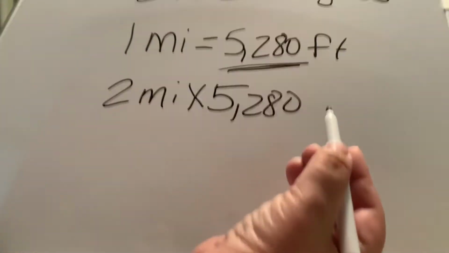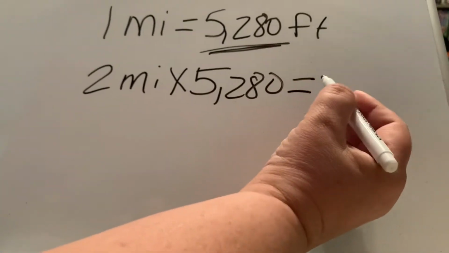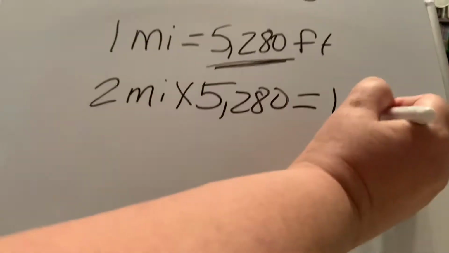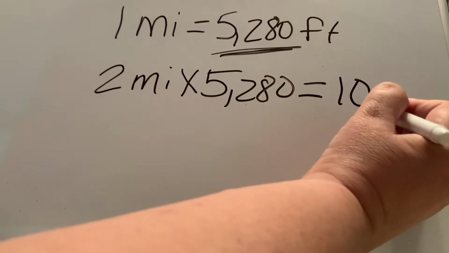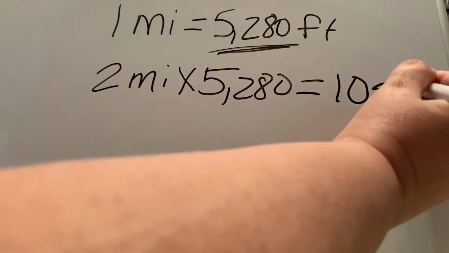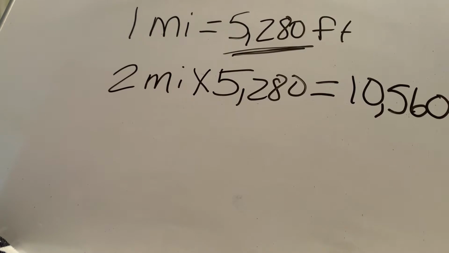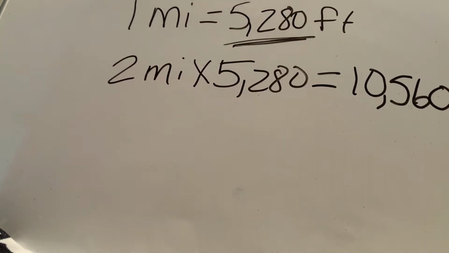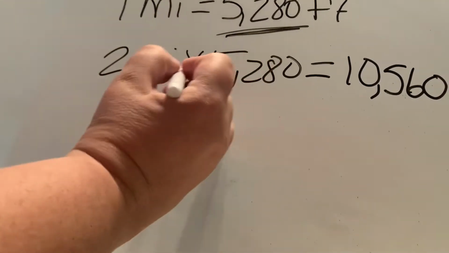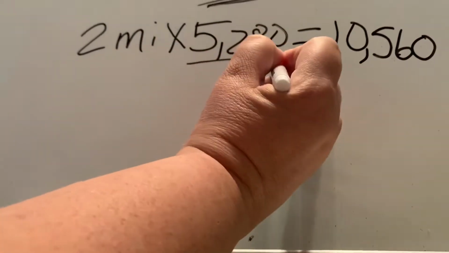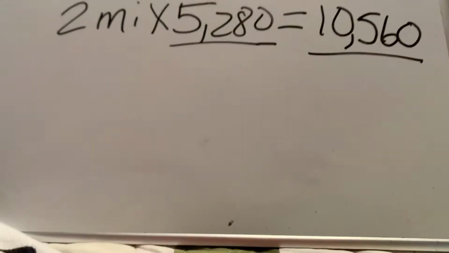And when we do that, we will come out with 10,560 feet. So the next 2 blanks are going to say 5,280 and 10,560.